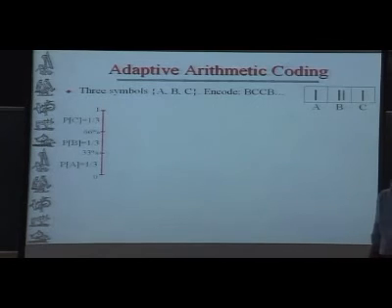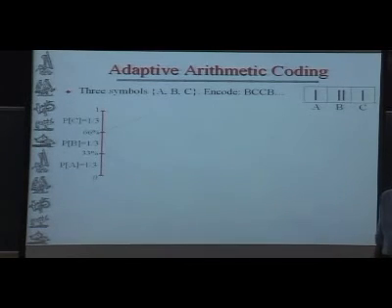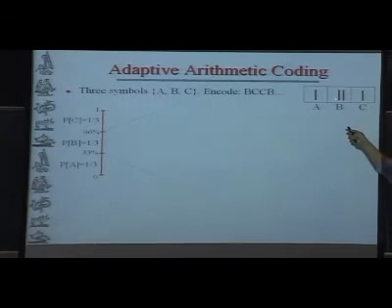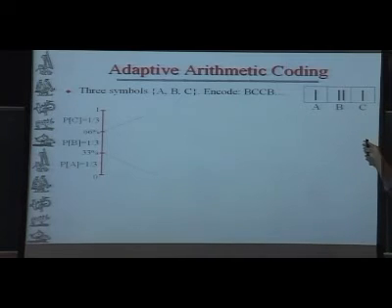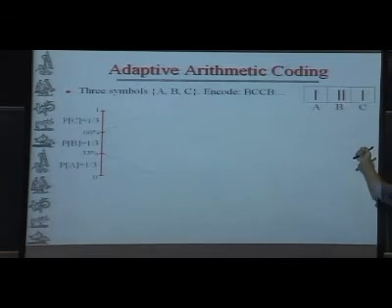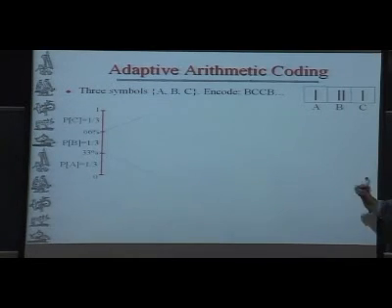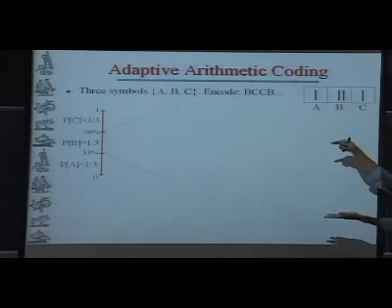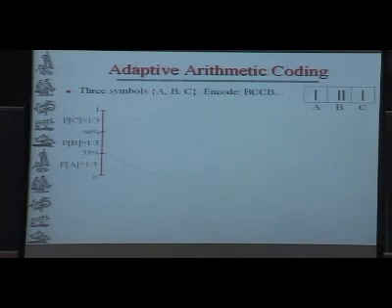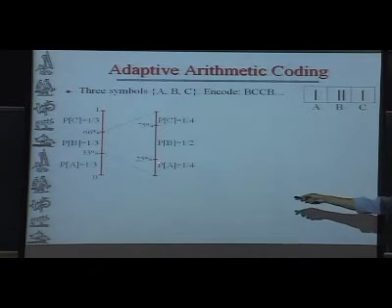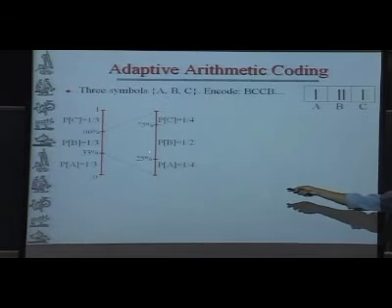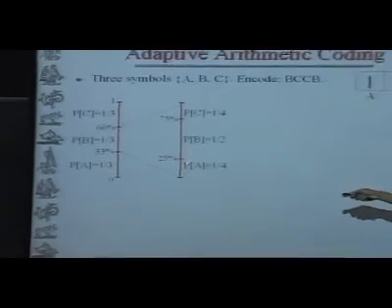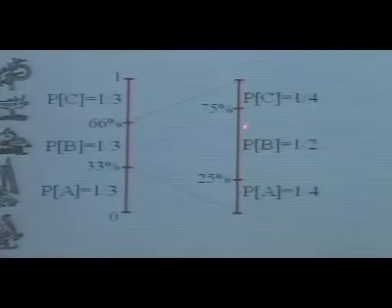Now, if you receive B, then you update your table. Since with this current state table, B is twice as likely to happen compared to A or C, it will get allocated a longer length. So the allocation in the second step is quite different from the first, and B now has a much larger interval.